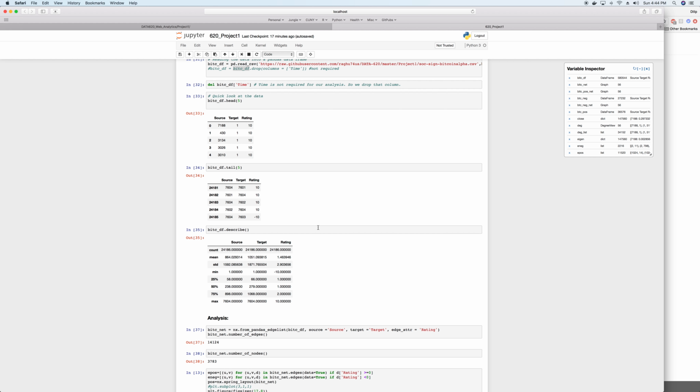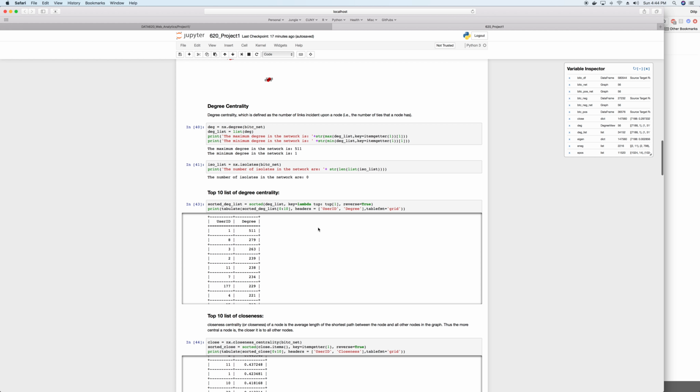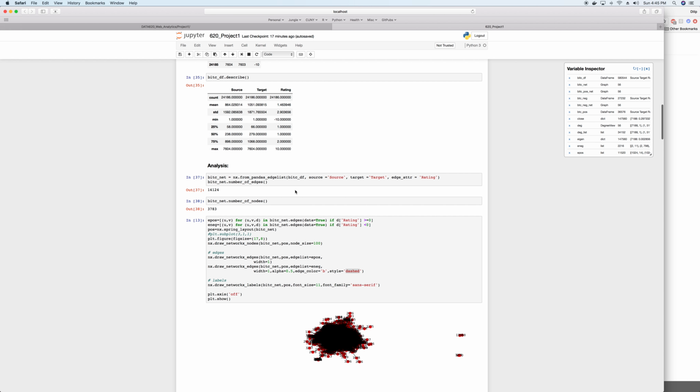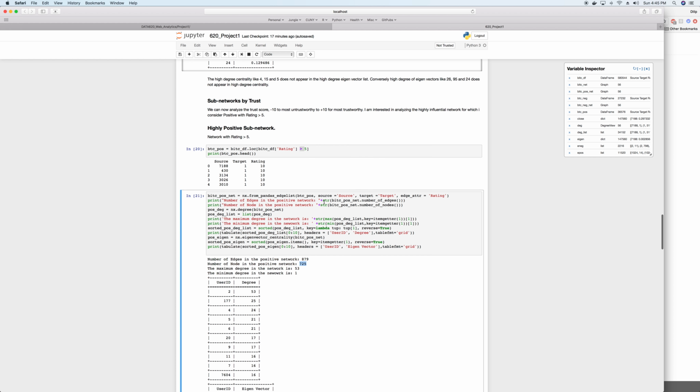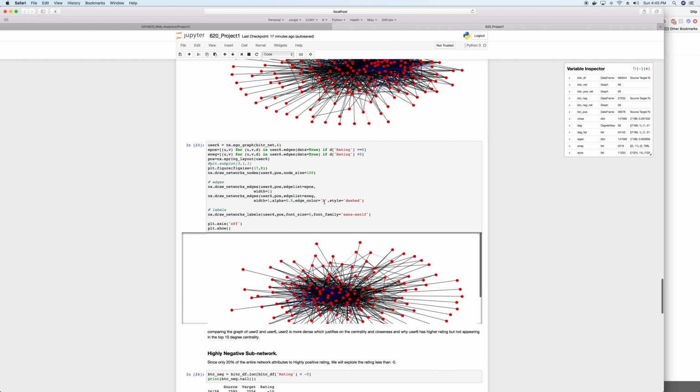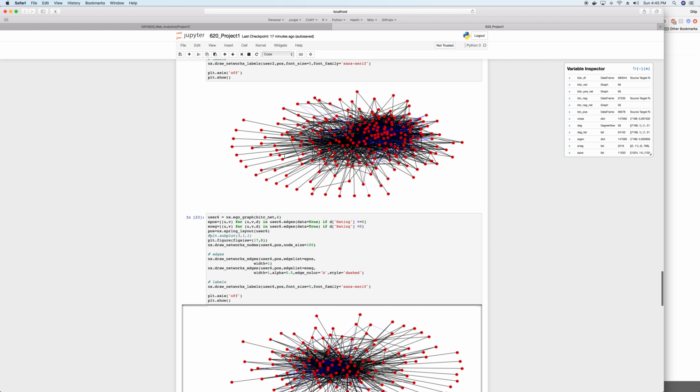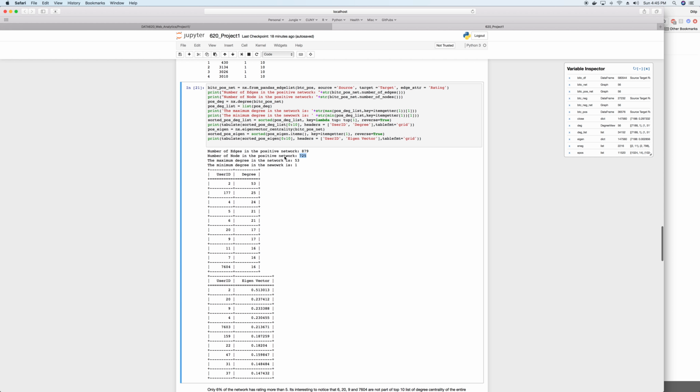If I remember, that is the total nodes in the network that we did. Out of 3,783, only 725 nodes have a positive rating greater than 5.